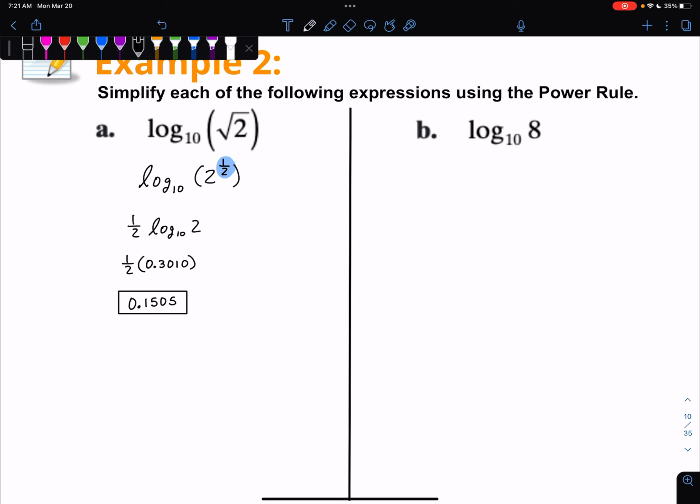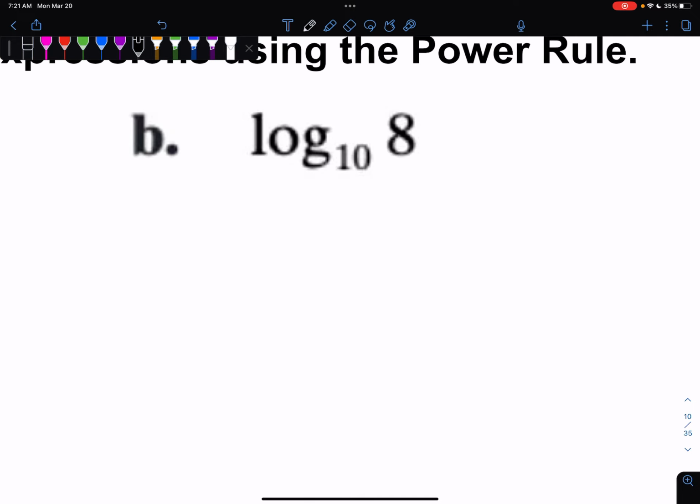Okay, and on the right side, we're going to do log base 10 of 8. So we're going to break this into our powers. So 8, we should be able to have a number times itself a couple times until we get 8. So think about it. What number can we multiply times itself to get 8? All right, so you should have 2 cubed gives you 8.